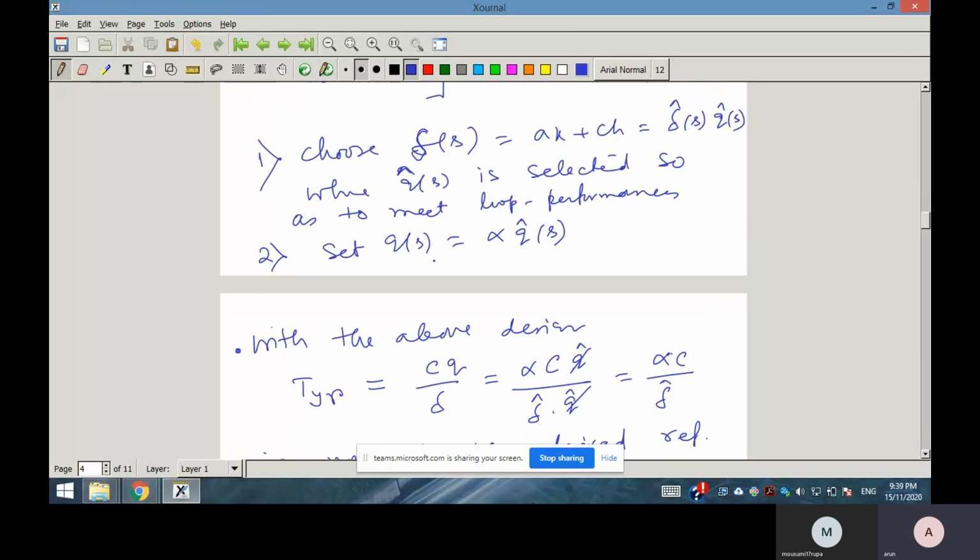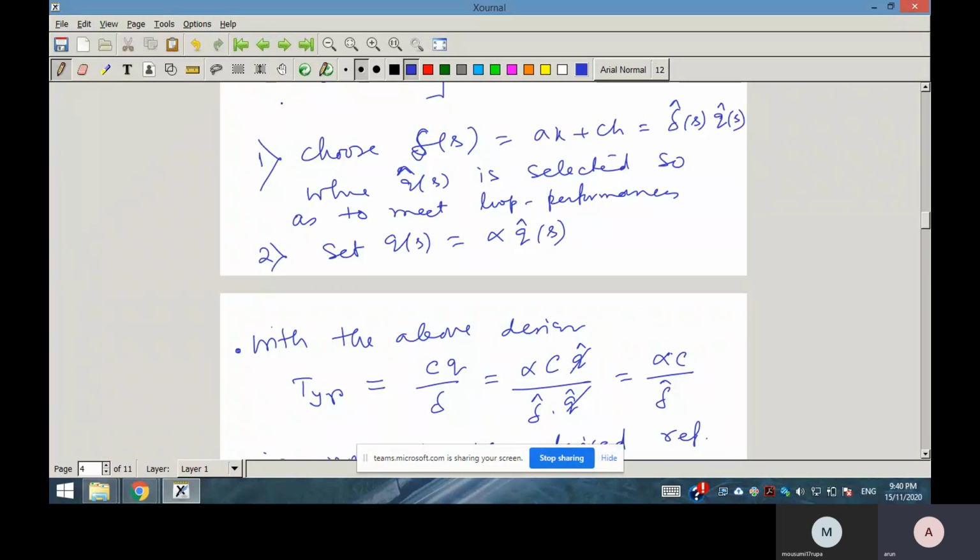Once you choose this delta S, the Ks and Hs polynomials you can determine using the Sylvester matrix approach, or just by comparing the coefficient of S to the power i of delta S and S to the power i of the right hand side polynomial.